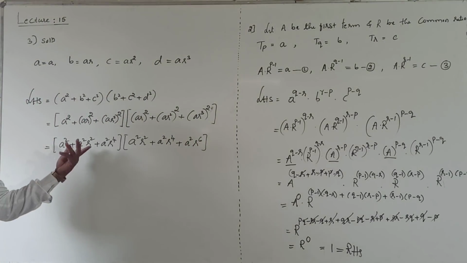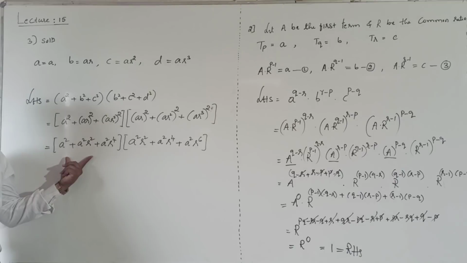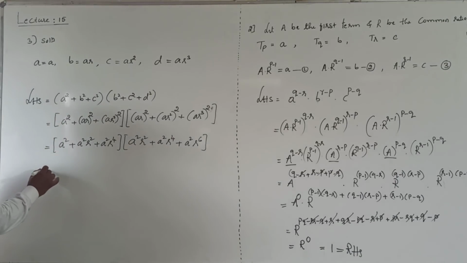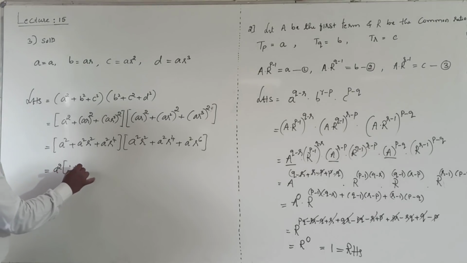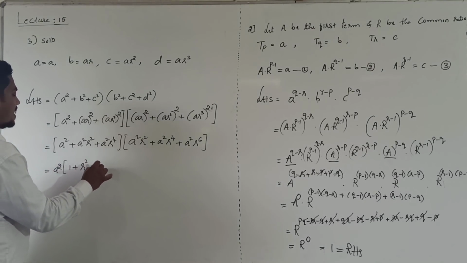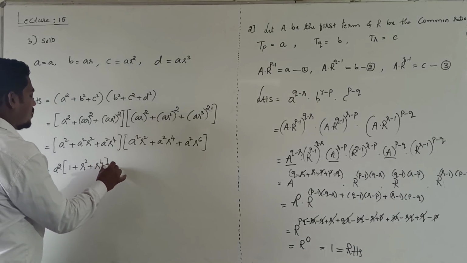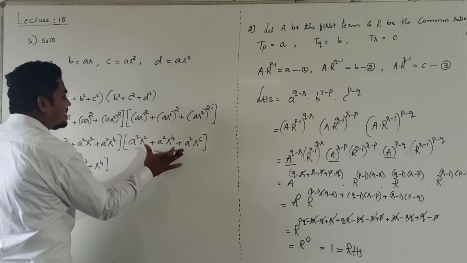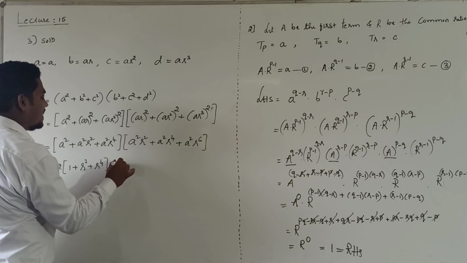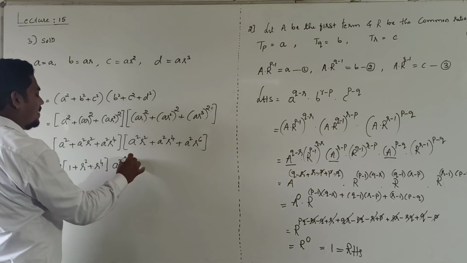Now from the first term, what is common? From the first term, a square is common: a square in bracket 1 plus r square plus r power 4. From the second term, what is common? a square r square is common.